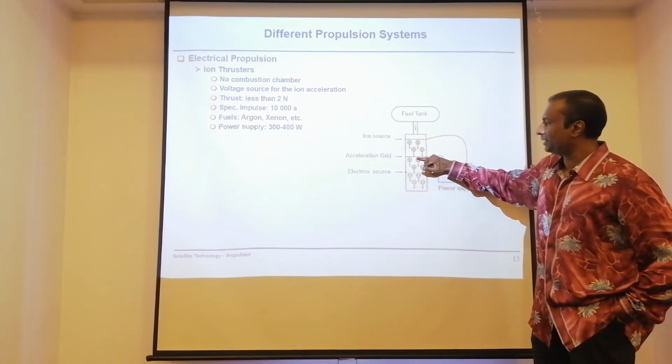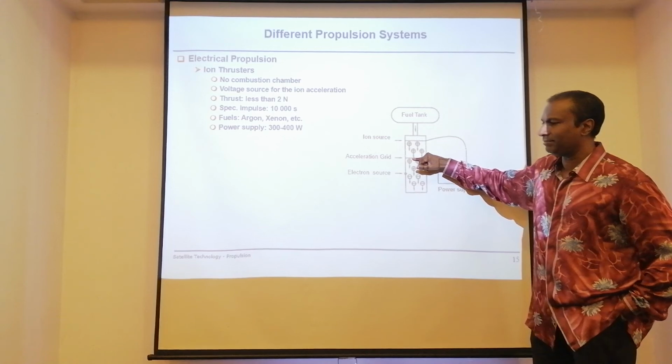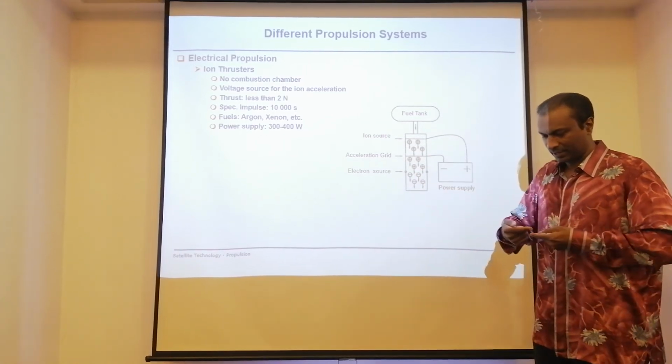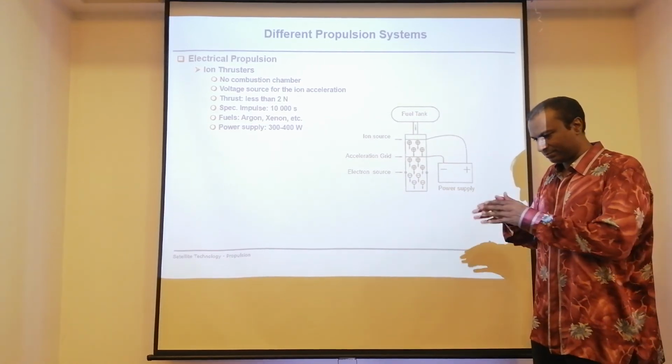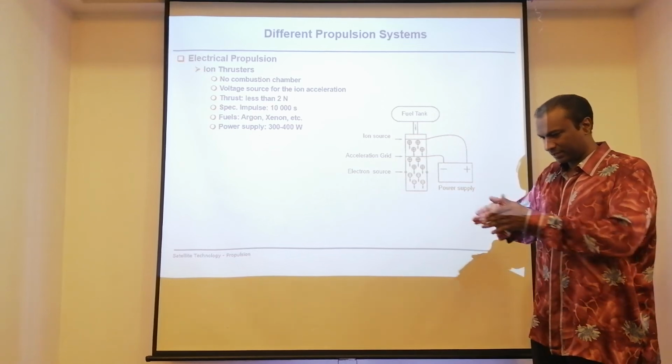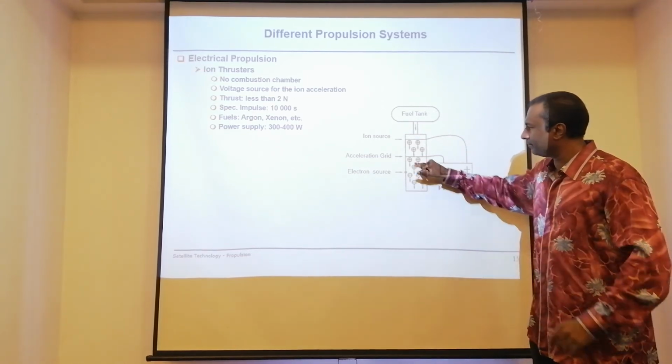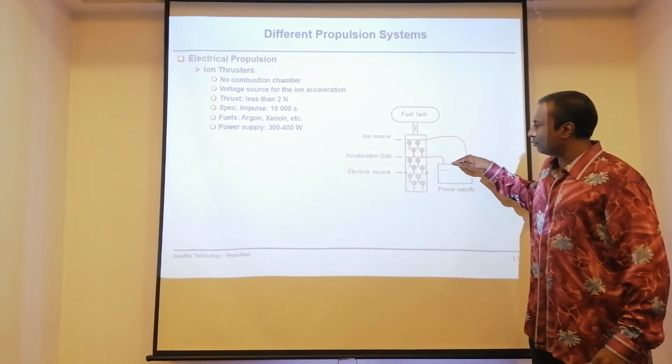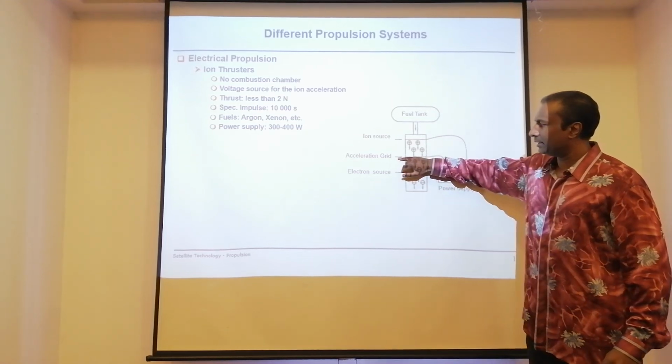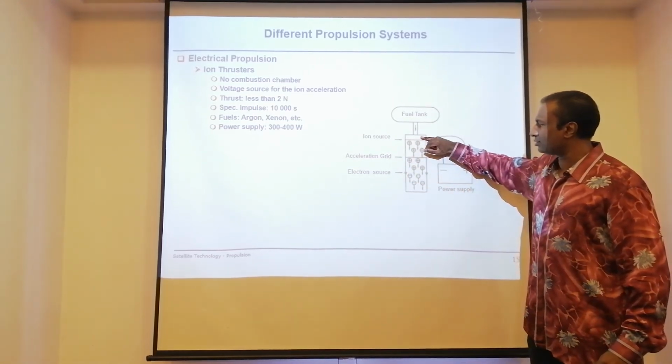So what exactly happens? There is a guide here. Guide means it's just like a chamber, like a lane, and this would also be a negative grid. You have a positive grid.